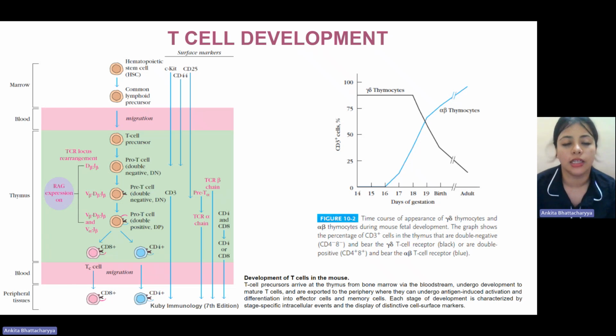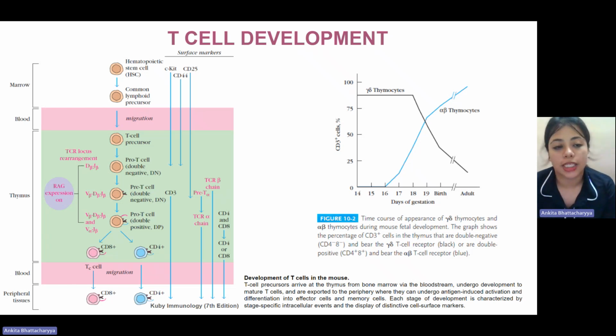First, you see a gradual decrease of surface markers like c-KIT and CD44. In concordance, an event that distinguishes these two substates is rearrangement at the TCR locus, the T cell receptor locus.